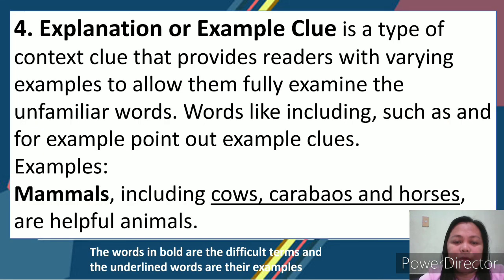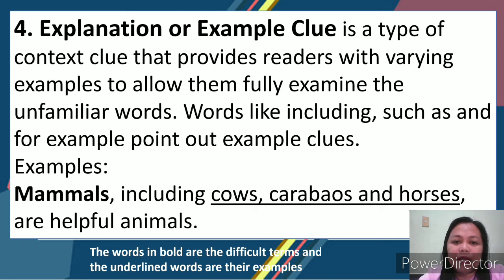Next, number four, explanation or example clue. This is a type of context clue that provides readers with varying examples to allow them to fully examine the unfamiliar words. Words like including, such as, and for example point out example clues.